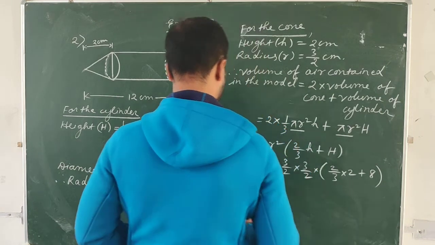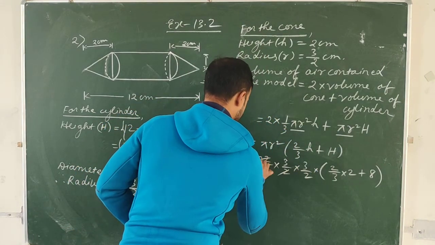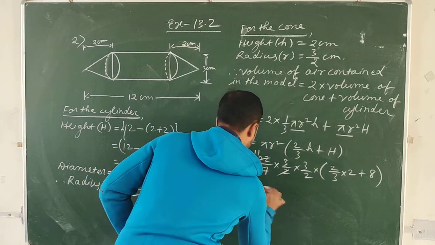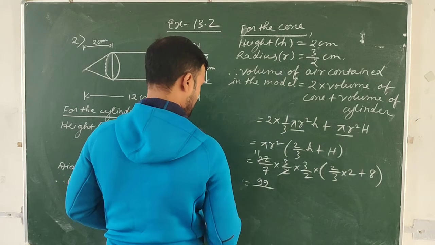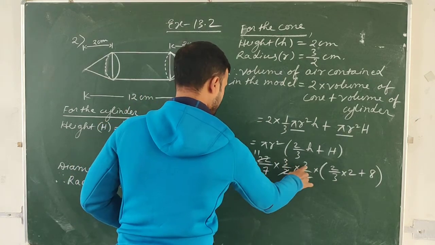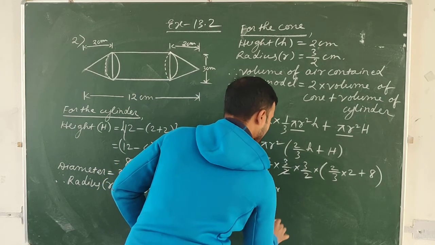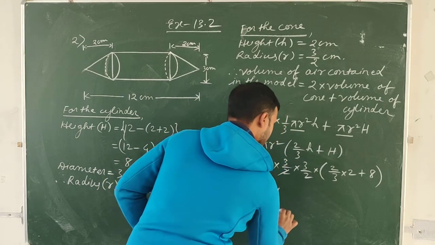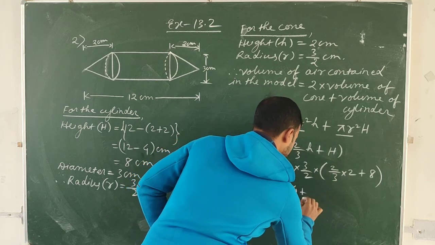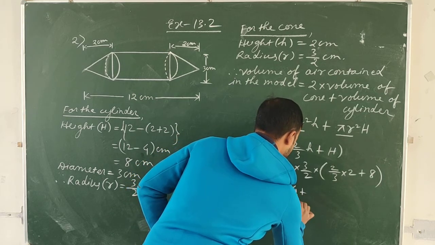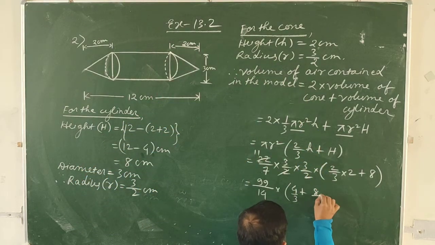Okay. So with this 2 you cancel, and inside 4 by 3 plus 8 by 1.